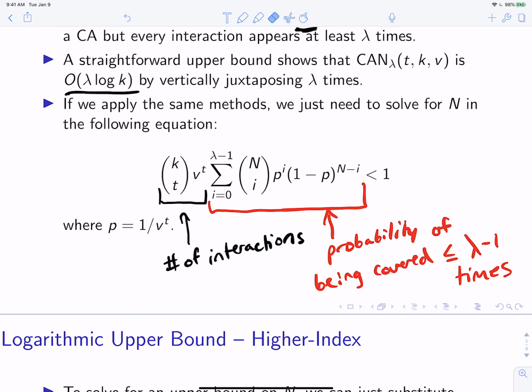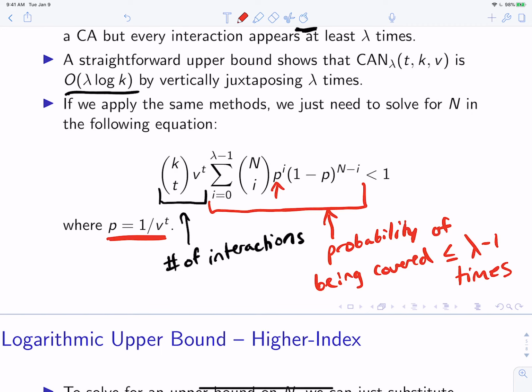It appears in i different rows. Well, what's the probability that that occurs in those exact i rows? Well, the probability of coverage in those i rows times the probability of no coverage in the other rows. So this p right here is the probability that this interaction is covered in this row.